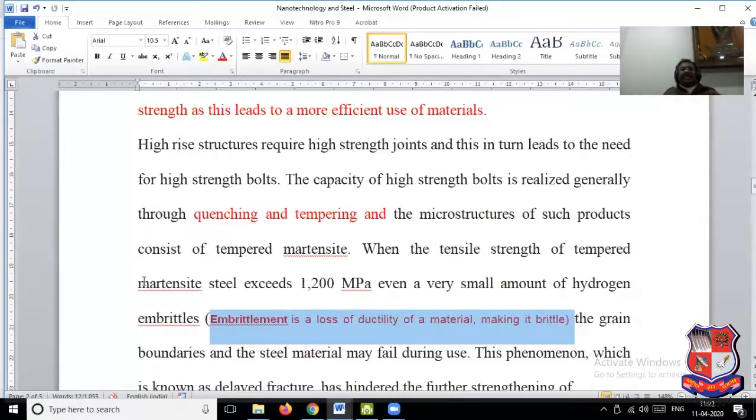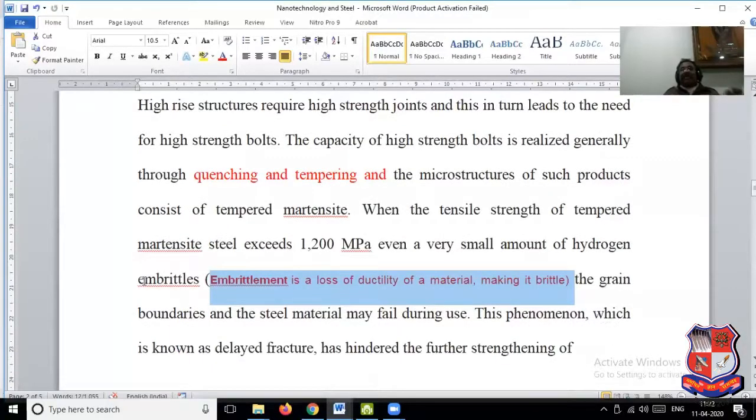When the tensile strength of tempered martensite steel exceeds 1200 megapascal, even a very small amount of hydrogen embrittles it. Embrittlement means loss of ductility of the material, and the material becomes brittle. At the grain boundaries, the steel material may fail during use. So that is one of the very serious issues. How to control that? How to get the remedy? How to find the solution?